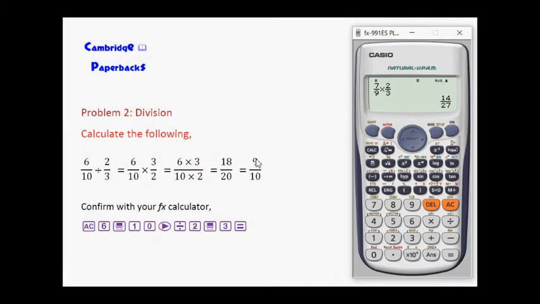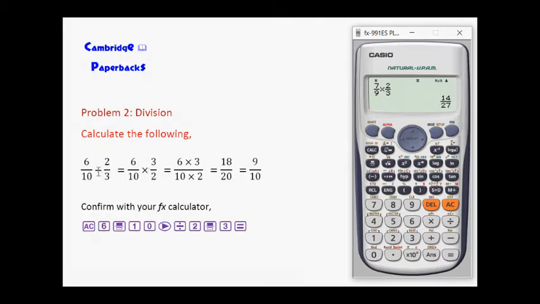Now in the second problem we're going to consider division. So we're going to have 6/10 divided by 2/3. This is a straightforward calculation to perform, because all we need to do is to invert the second fraction. So the 2/3 effectively becomes 3/2.